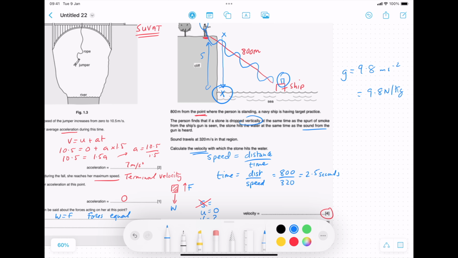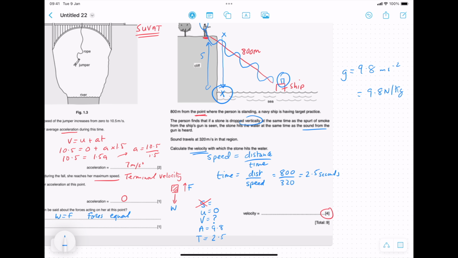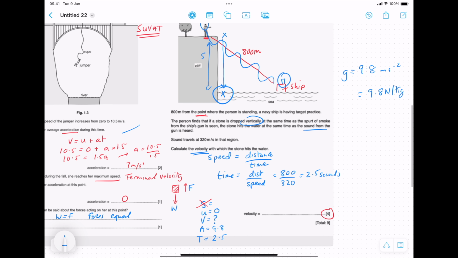We can leave that out. So we need an equation with V, U, A, and T again, which coincidentally is the same as the equation I used the first time. So let's work it out. The speed at which the stone hits the water is about 24.5 meters per second.